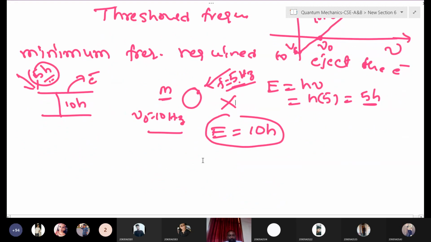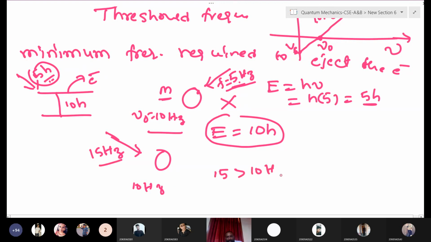Suppose you have the same metal with threshold frequency 10 hertz, and you use light of 15 hertz frequency. In this case 15 hertz is greater than 10 hertz, so you have sufficient energy to eject the electrons.